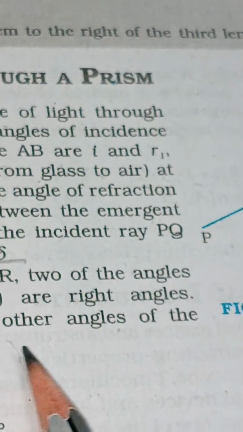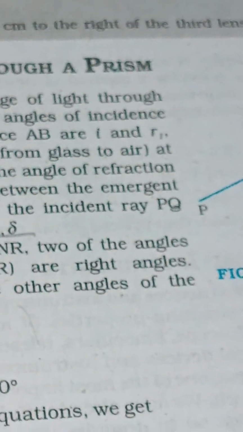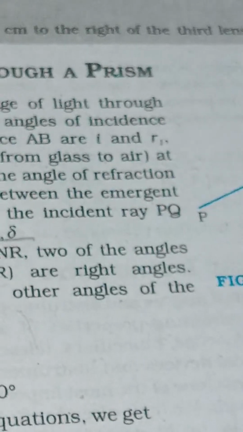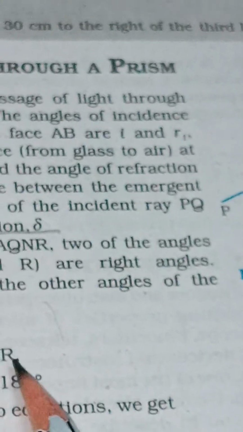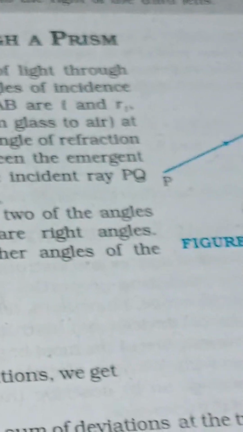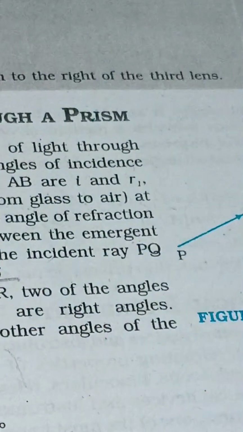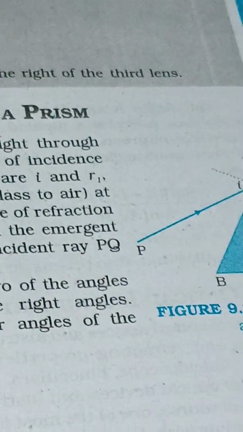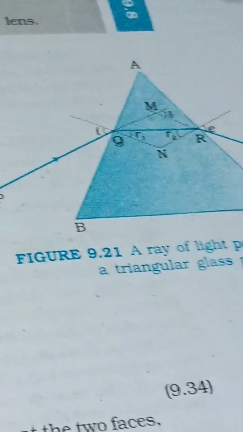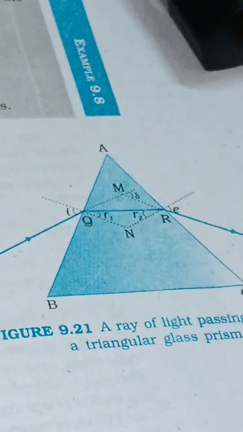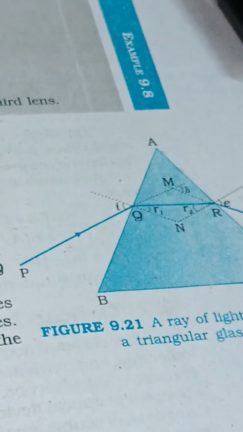Therefore, the sum of the other two angles of the quadrilateral is 180 degrees. You know that angle A plus angle QNR is equal to 180 degrees. So r1 plus r2 plus angle QNR is equal to 180 degrees. Comparing these two equations, we get r1 plus r2 is equal to angle A.